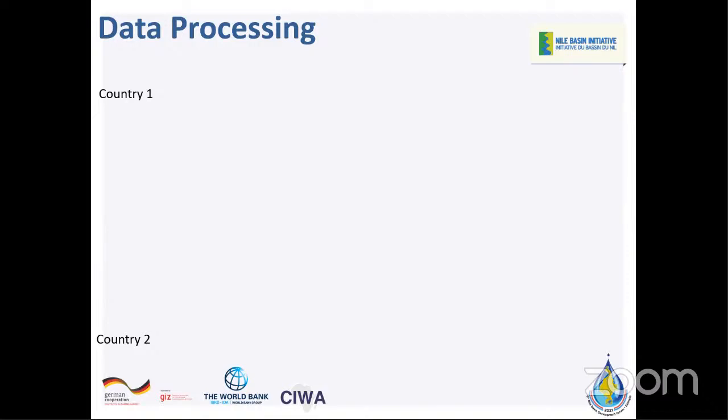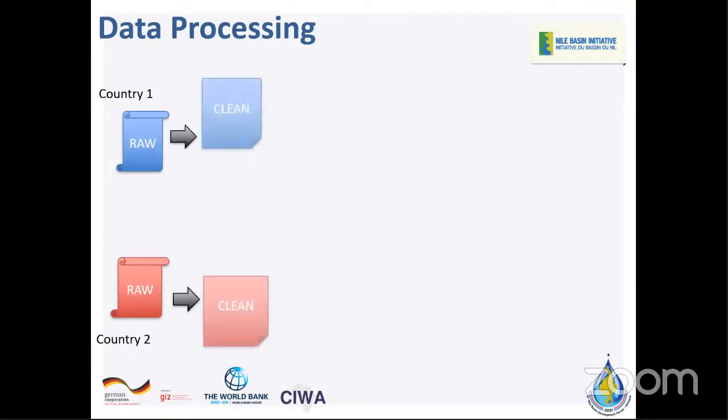Well, in general, when we have 2 different countries, any 2, country 1, country 2, generally have some layout of the raw data being produced, and that gets transferred to some sort of cleaned up data. And that raw data is exchanged openly between the countries, as well as the clean data.